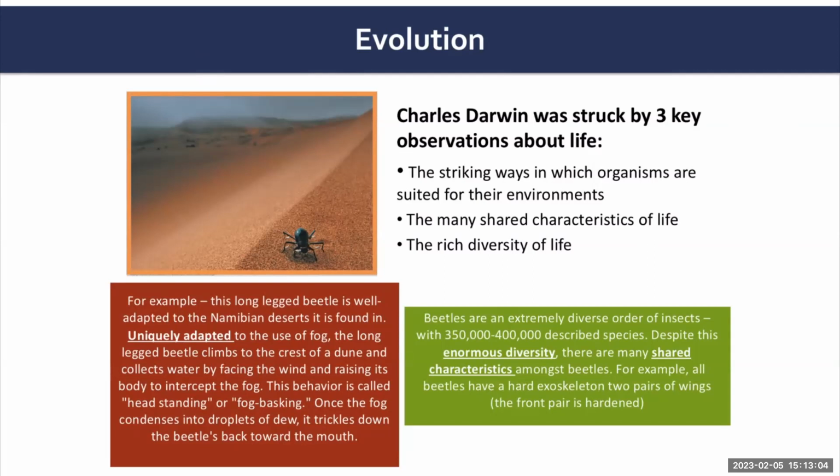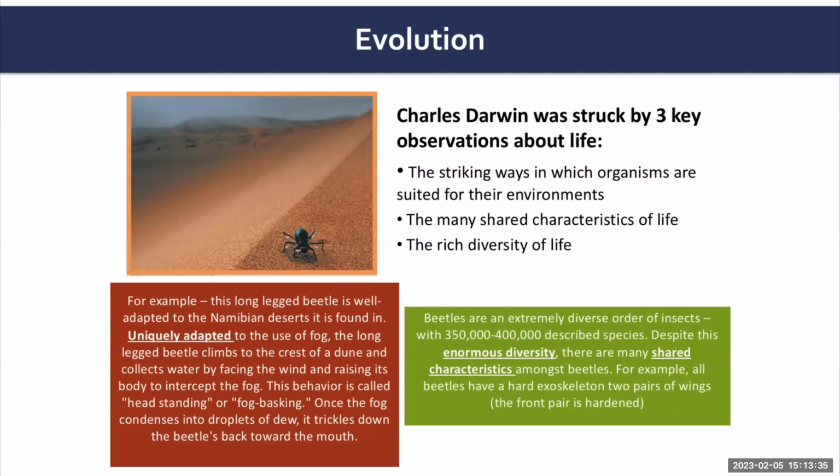Much of what we now know about evolution has happened between Darwin's time and present day. We needed to understand genetics, for example, in a way that Darwin didn't at the time. We needed to understand the structure of a DNA molecule and patterns of heredity and all of those sorts of concepts to fully understand how evolution works. So in that respect, Darwin was a little bit ahead of his time.